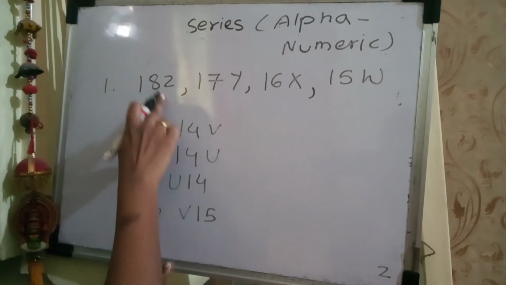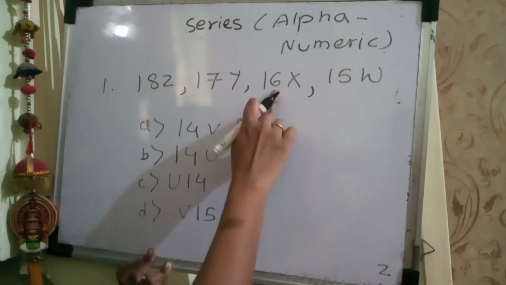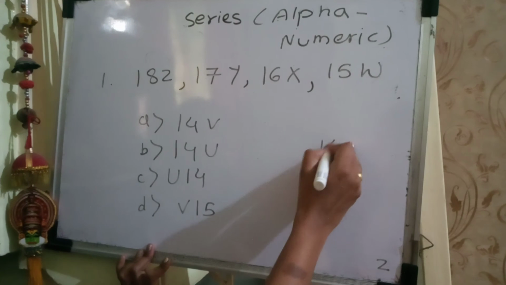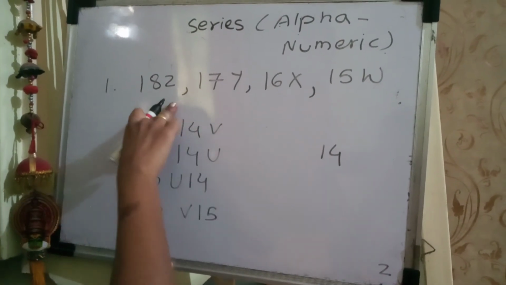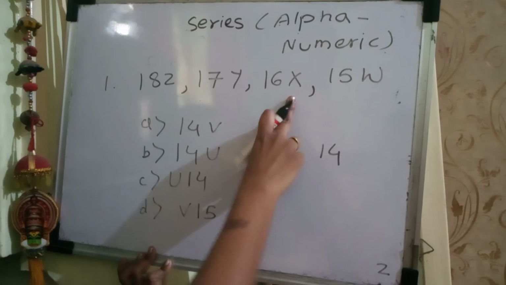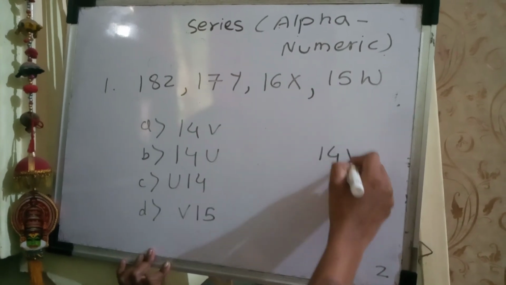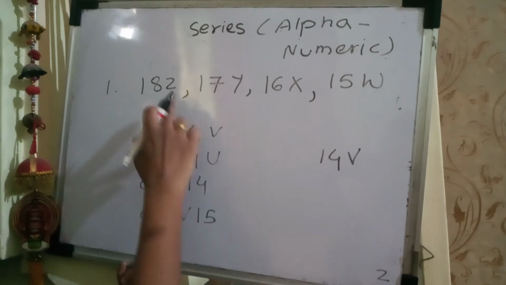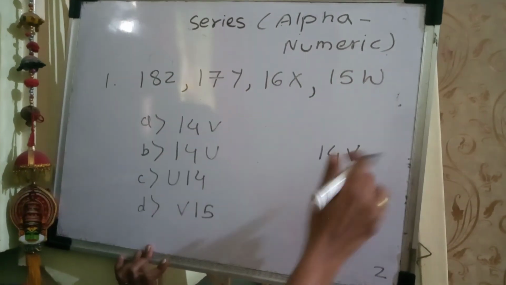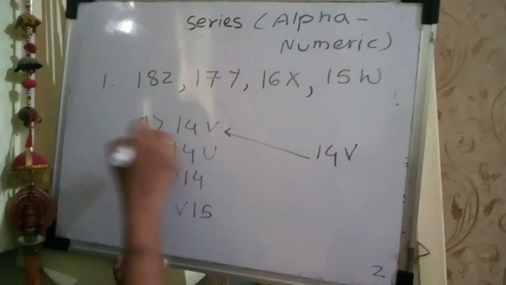Now see here 18, 17, 16, 15, next one will come 14. Then you go reverse Z, Y, X, W and V. If you go from Z to A, go reverse Z, Y, X, W and V. So the answer will be the first one.